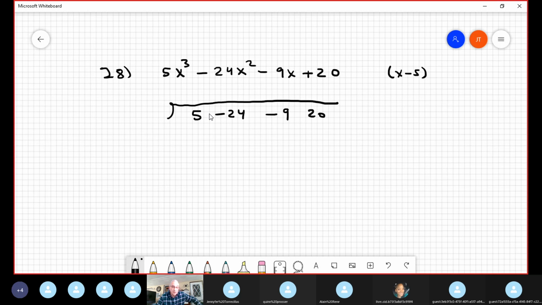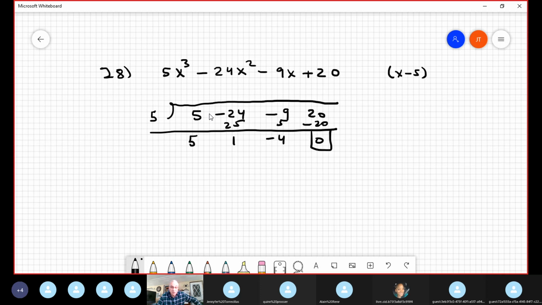I put positive 5, bring down 5, 5 times 5 is 25, and 1. The multiplication 1 times 5 is 5, is negative 4, and negative 20, good. By verification, arithmetically, the factor x minus 5 belongs to the polynomial.